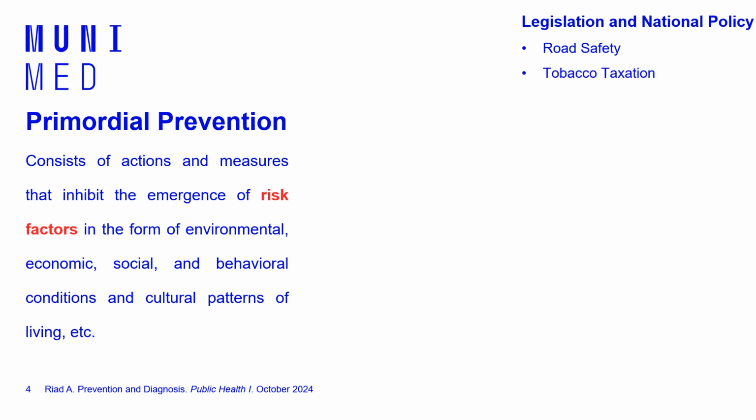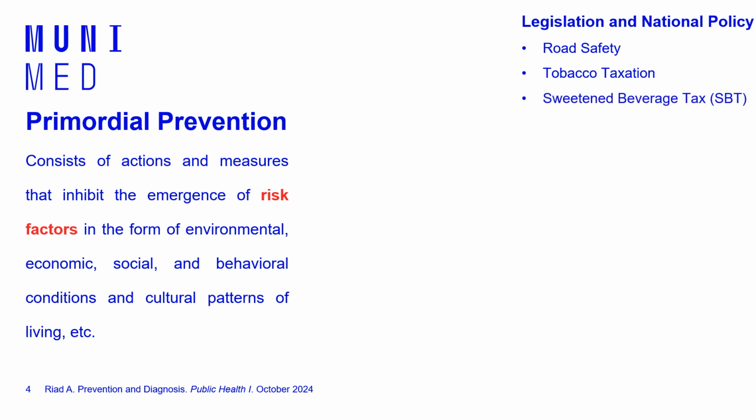Think about tobacco taxation. When you increase taxes or prices of tobacco, you make them less accessible for some population groups, especially the high-risk groups, because we know that high-risk groups of smoking are usually those who have lower socioeconomic status or lower education levels, and that's why when you make tobacco more expensive or more highly taxed, in this case you indirectly affect the access of these groups to this harmful substance.